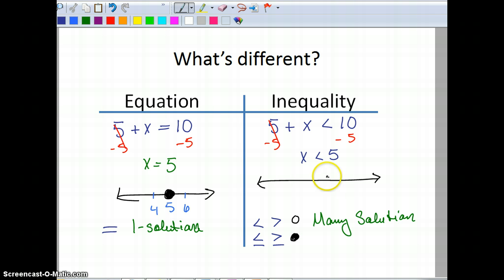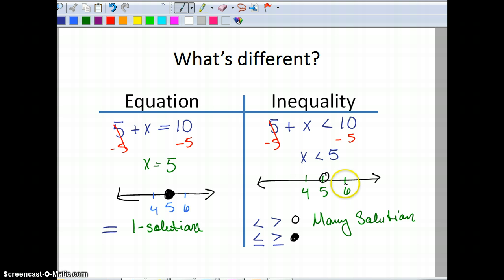Now let's take a look at this one. Let me graph it. So I've got a 5, a 6, and a 4. I'm just going to do a couple of numbers on each side. So I have x is less than 5, so that means 5 isn't included. So I'm going to have an open circle at 5, and I want to shade the area that is less than 5.